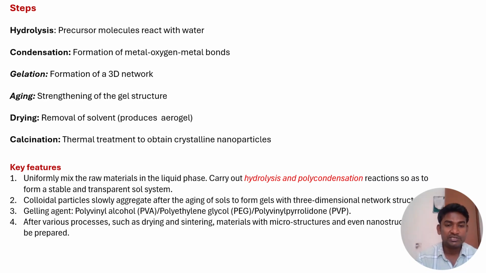And gelling agents, for example PVA, PEG and PVP, are commonly used, that is polyvinyl alcohol, polyethylene glycol and polyvinyl pyrrolidone. After various processes such as drying and sintering, the materials with a microstructure can be easily prepared.